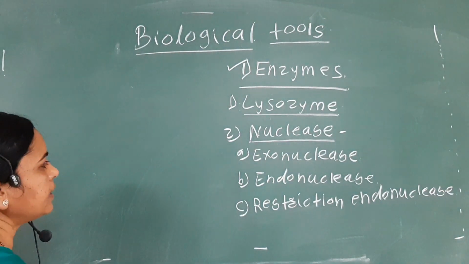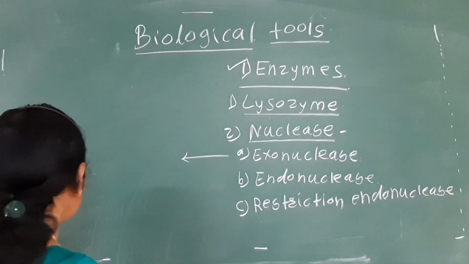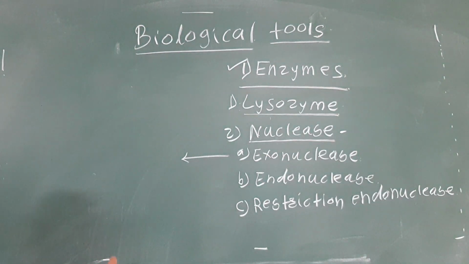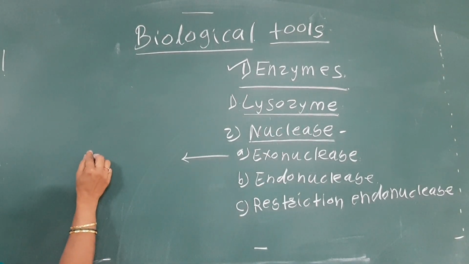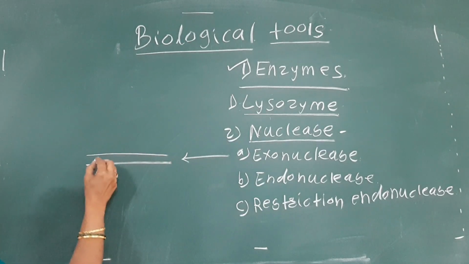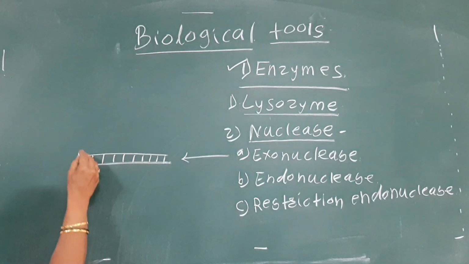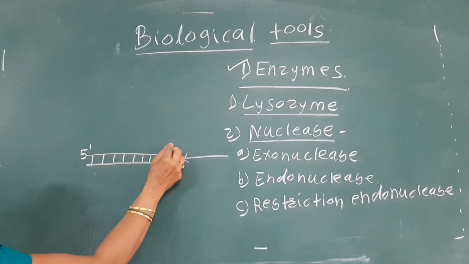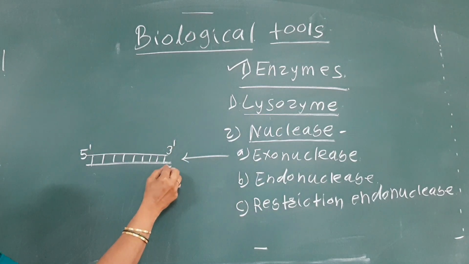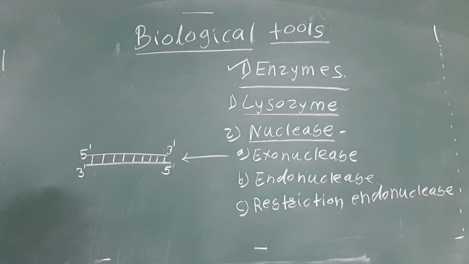Let us see how the exonuclease enzyme works. If we see the DNA structure, there is the nitrogen base pairing, with the 5' end and the 3' end; corresponding to this 3' end here is the 5' end, and corresponding to the 5' end here is the 3' end.